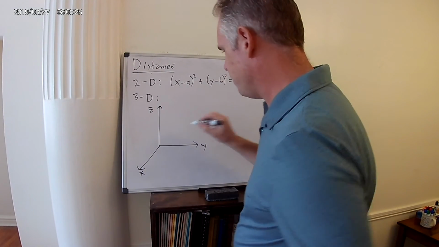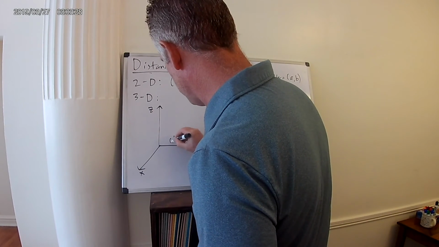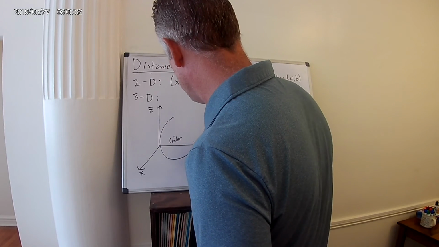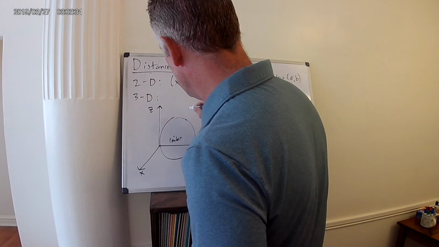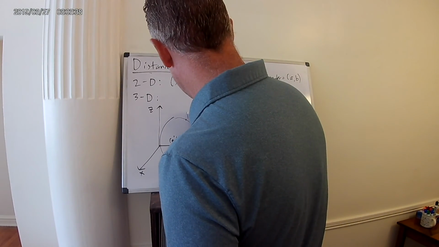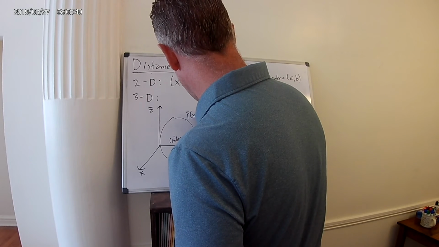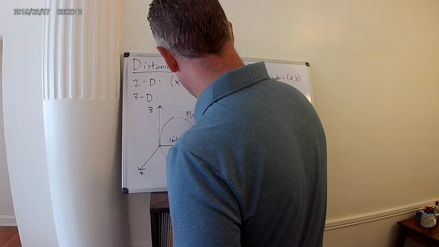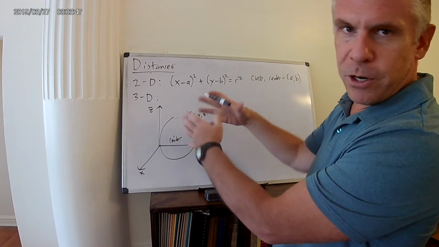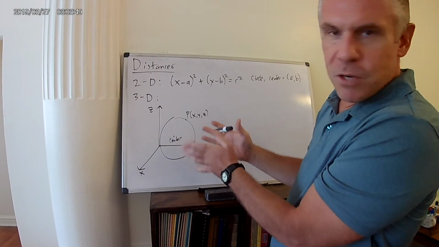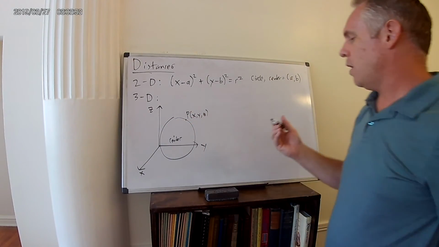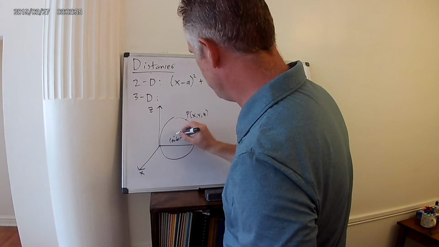Let's imagine we have some point here, which is the center of our sphere, and then we're considering the set of points that all are equidistant from this center. We'll call a generic point along the sphere x, y, z. Now keep in mind, this is not a circle, this is a 3-dimensional spherical shape. If I was a better artist, I could shade it and you'd see that it's a sphere.